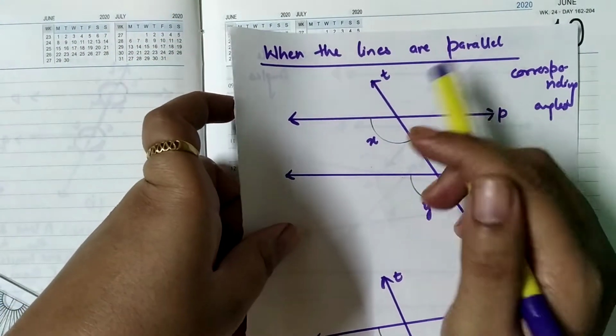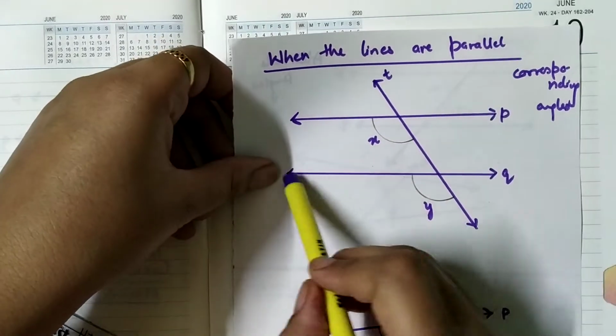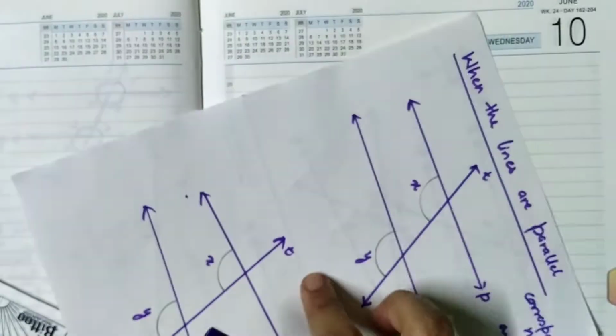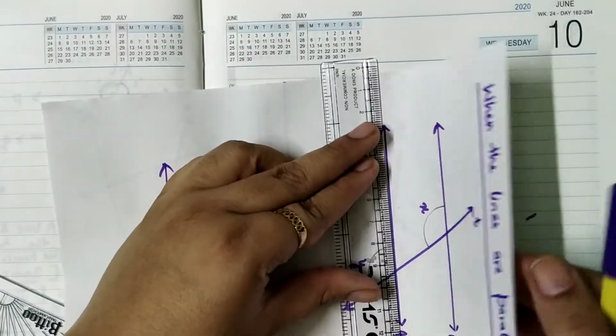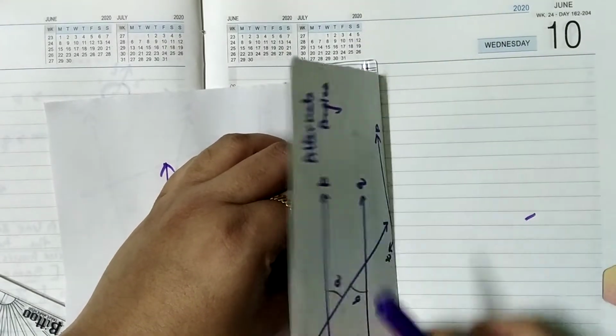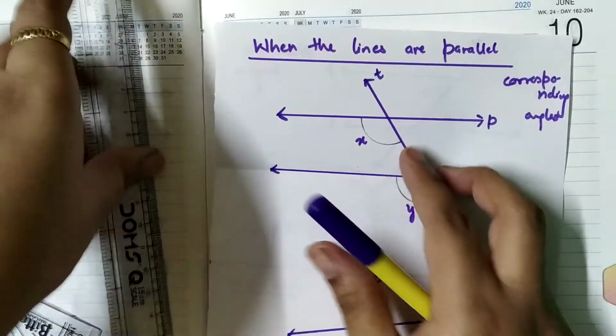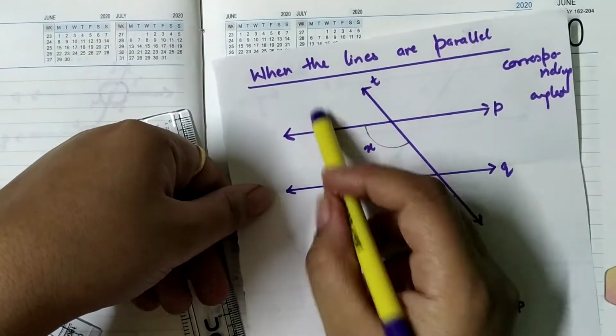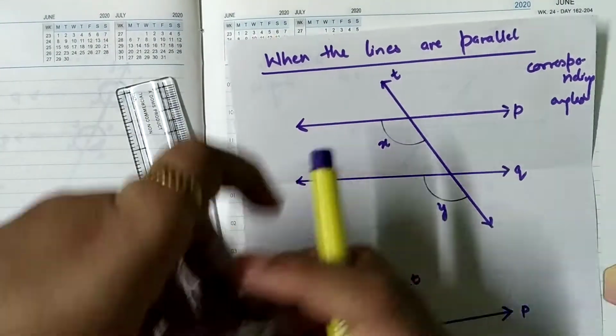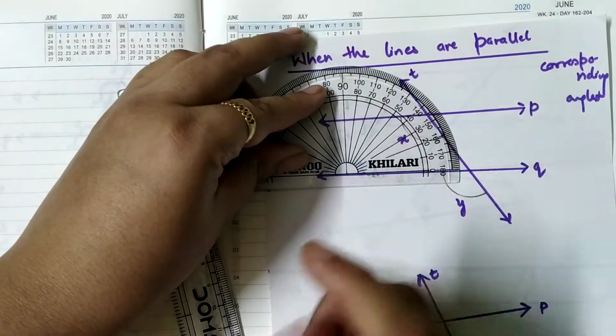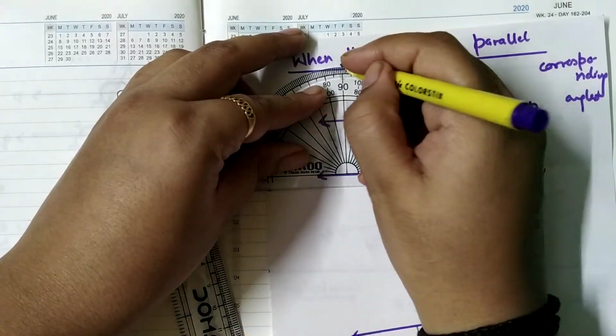So what I am doing here, this is my baseline, so I just fold it along my baseline. Just wait a minute and see carefully how I am measuring the distance here. I make a 90 degree angle here with the help of the protractor.